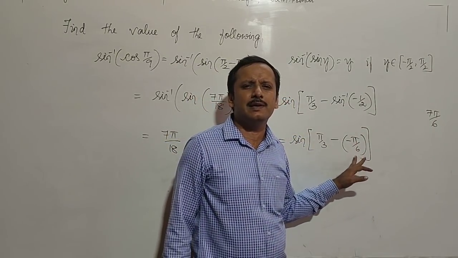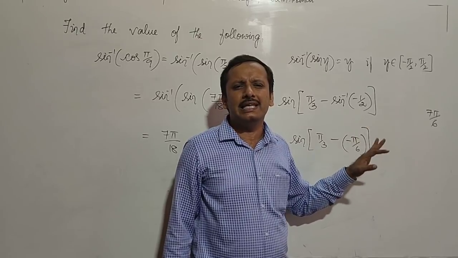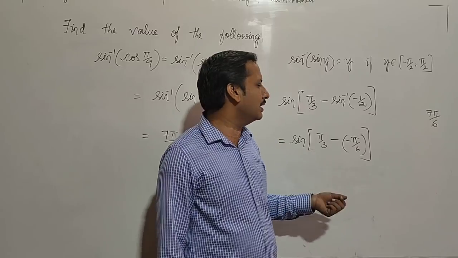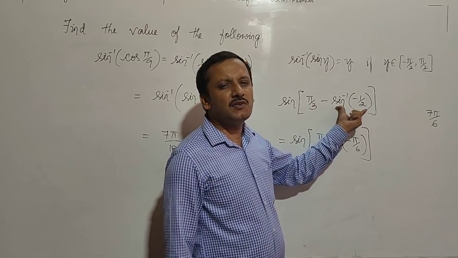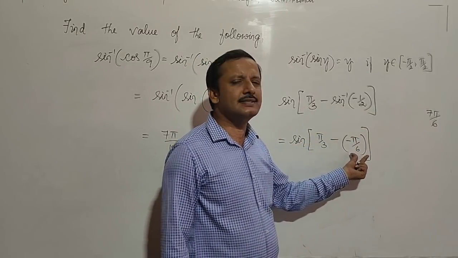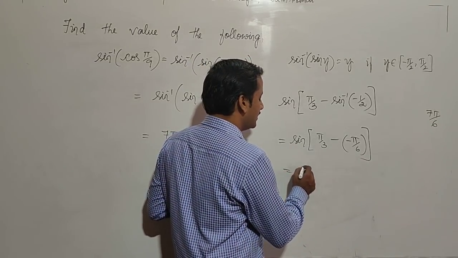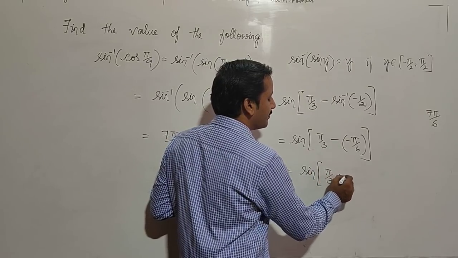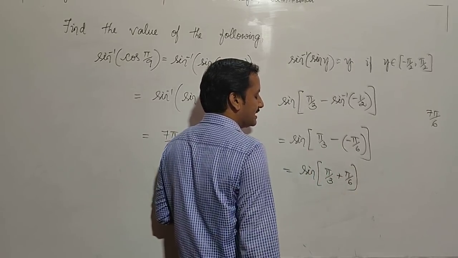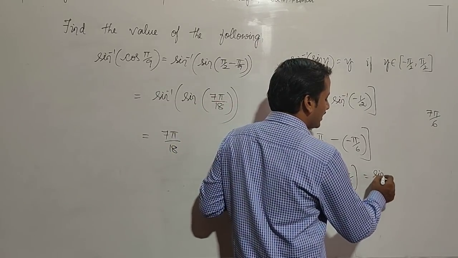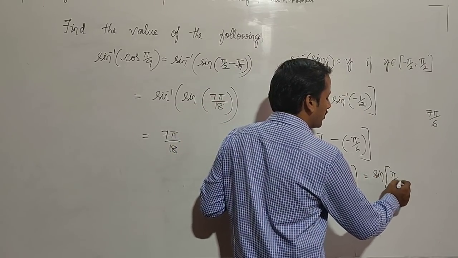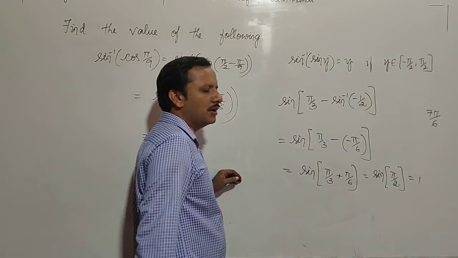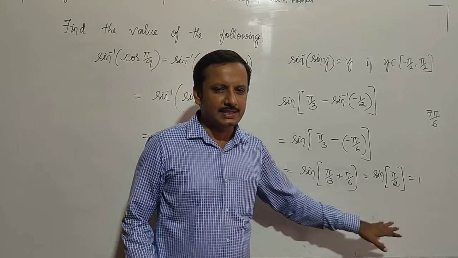Then sin of minus pi by 6 is equal to minus sin pi by 6, which is equal to minus 1 by 2. So sin inverse of minus 1 by 2 can be written as minus pi by 6. So sin of pi by 3 minus of minus pi by 6 will become pi by 3 plus pi by 6, which is equal to pi by 2, and sin pi by 2 is equal to 1. This is the answer.